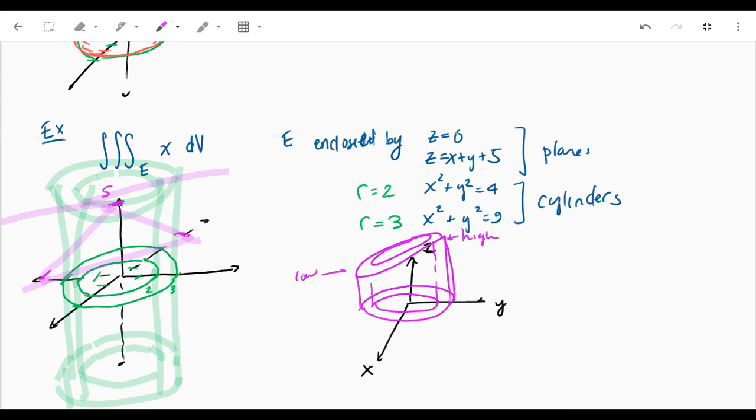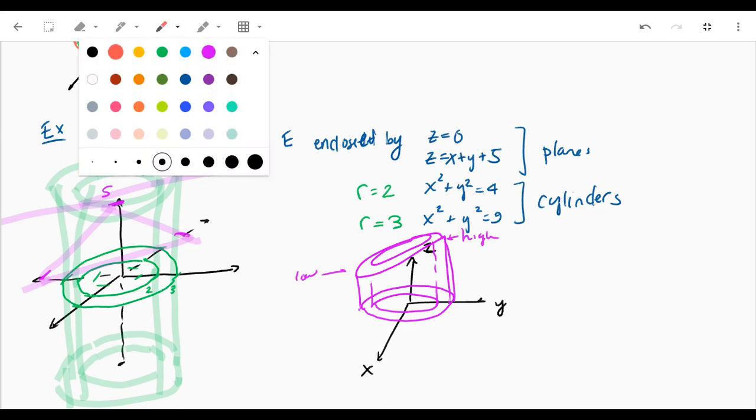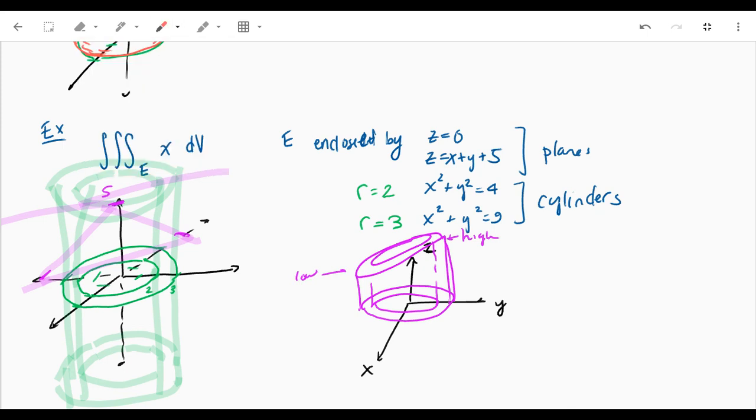So now we can get our limits here. Clearly theta would be between 0 and 2 pi. r is between 2 and 3. And then z is between 0 and 5 plus x plus y.